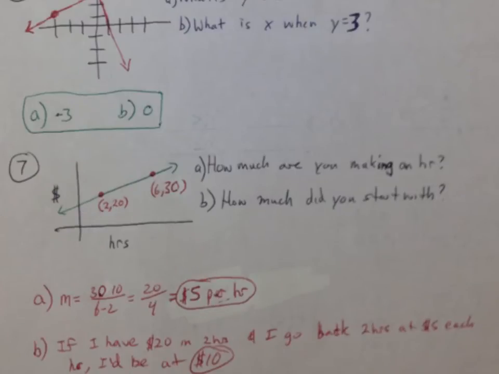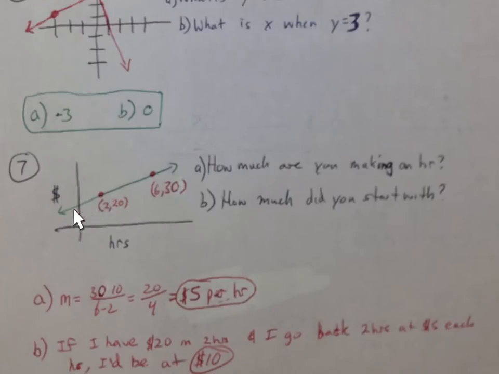So what we want to do for this particular one is think about the slope. If it's $5 per hour, well, if it's at 2 hours, I'm making $5 every hour, I have to go 2 steps back. So that means I'm going to subtract $5, and then subtract $5 more. So again, if I ended with $20, in 2 hours, I go back 2 hours at $5 each, thus it'd be $10.